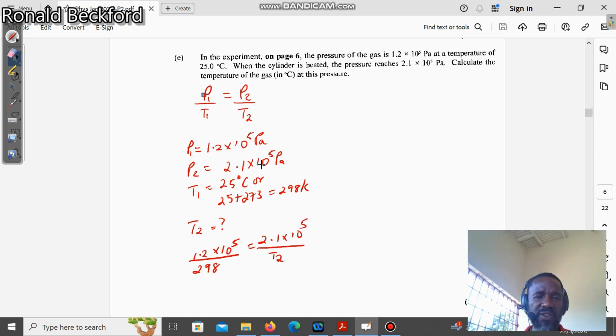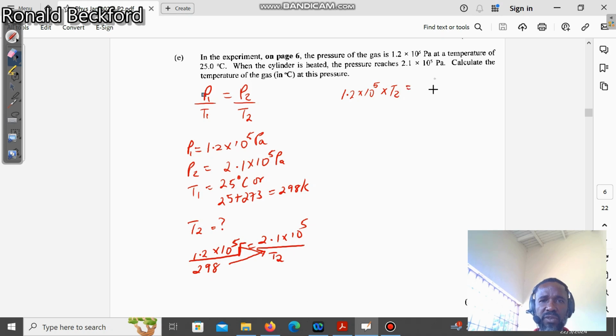Transposing the formula to make T2 the subject, we have 1.2 times 10 to the 5 times T2 equal to 2.1 times 10 to the 5 times 298.